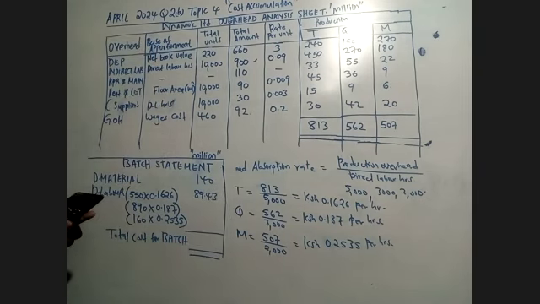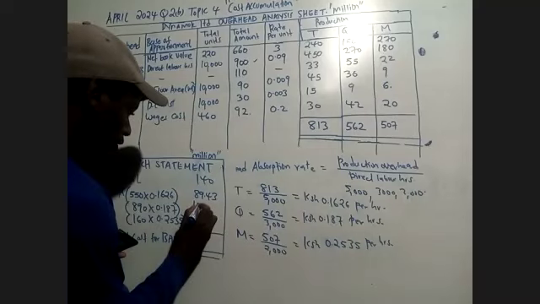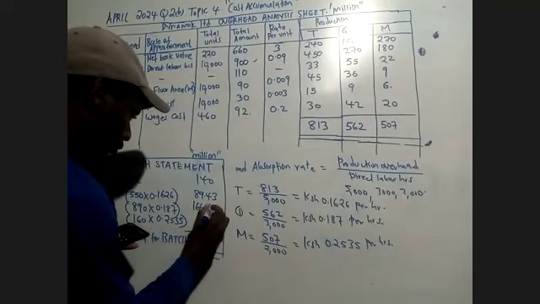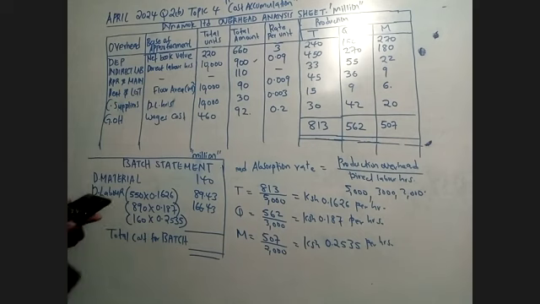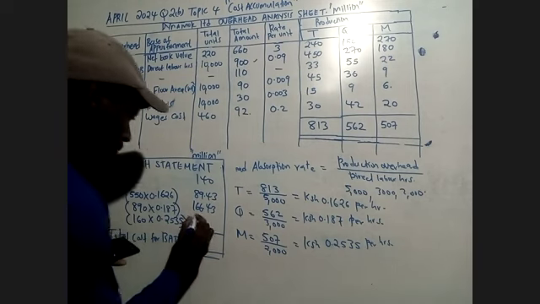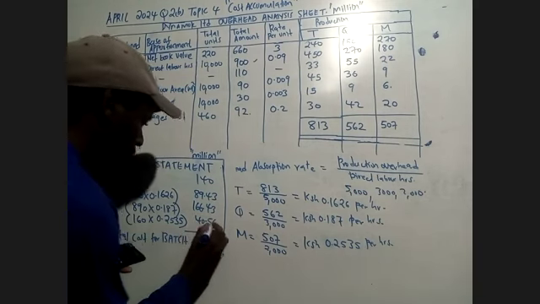Then you have 890 times 0.187, which is 166.43. And then 160 times 0.25 gives 40.56. We add them together.